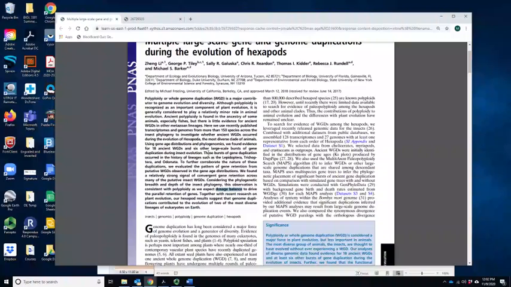But to do that, we first have to have some assessment of all of these genes, whether they are orthologous or paralogous. So this next paper gives us an overview of some of the ways that we can decide whether or not two genes are homologous.